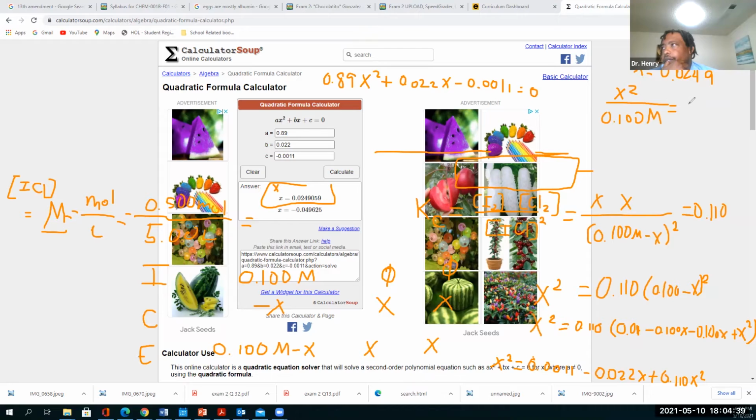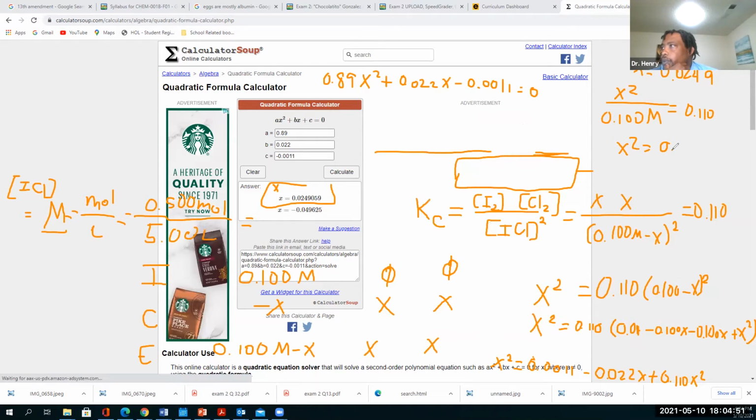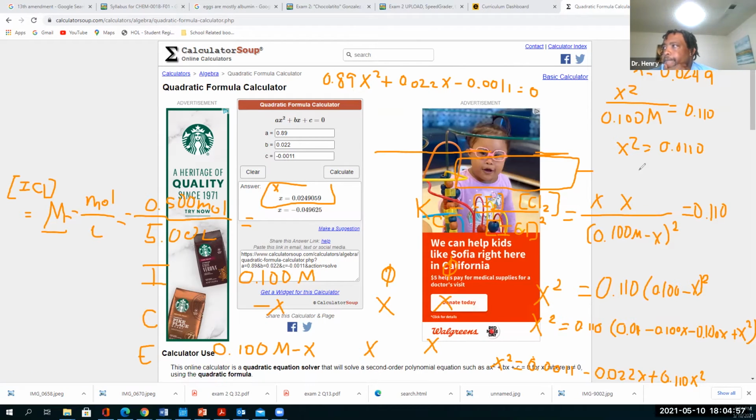And then we would solve for x. So we get x squared is going to equal 0.0110, and x equals the square root of that.